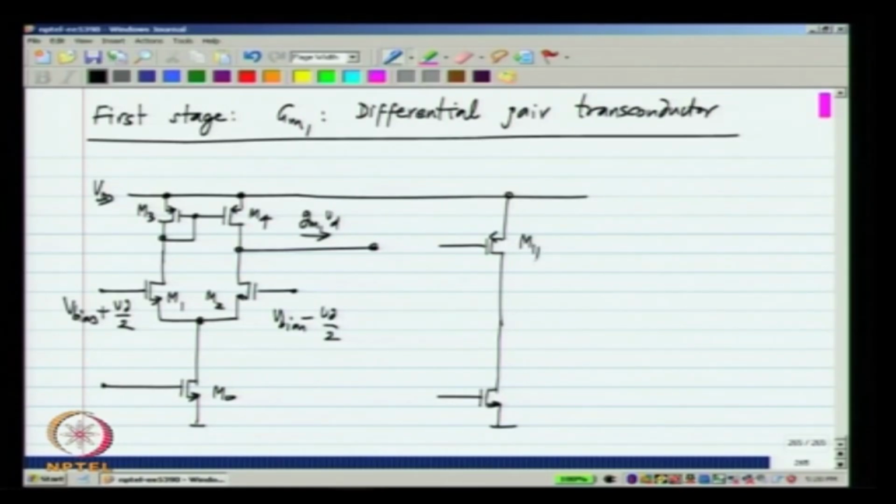Let me call this M11 and this is M12. I can connect it like that, and the gate of M12 is biased from a current mirror. I will assume that the bias is derived from the same place that we derive the bias of M0 from. By adjusting the size of M12 compared to M0 and the diode connected transistor, we can get any current that we want here.